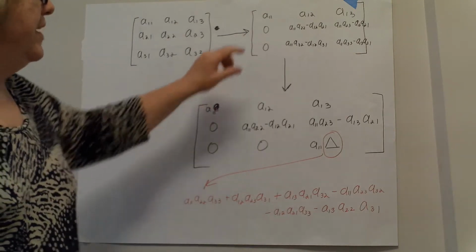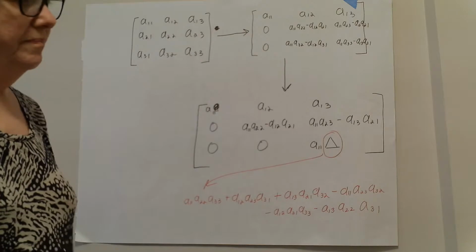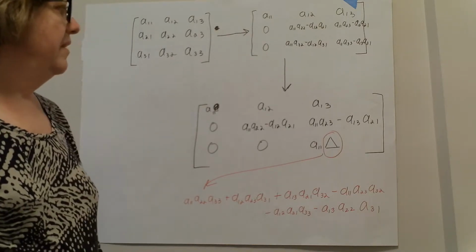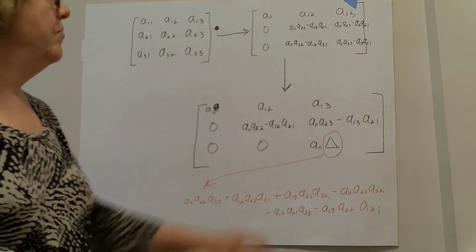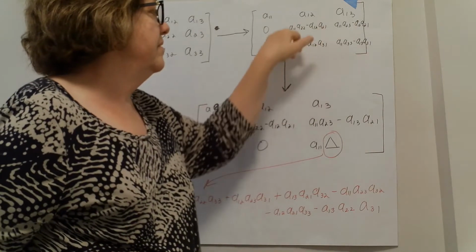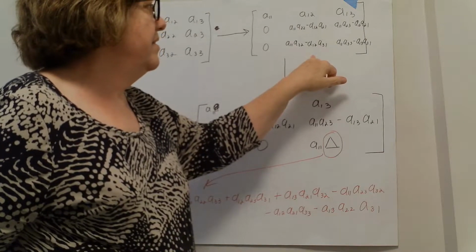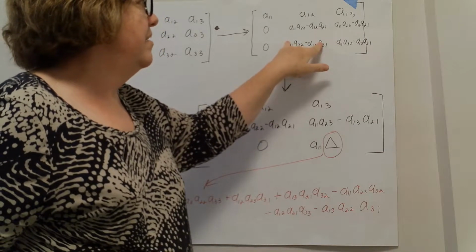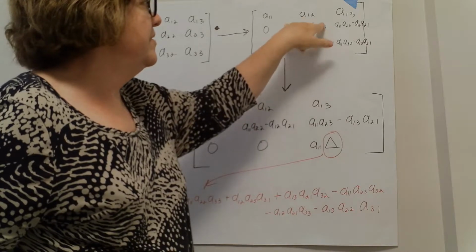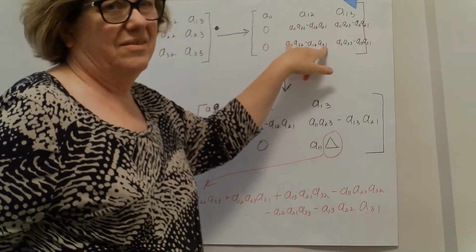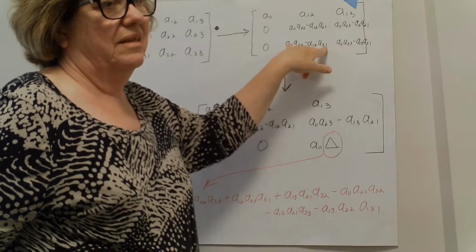So we get this. It's a little tedious. It's algebra. Okay, now we want to zero out this one. So we've got to take this times the negative of this times that, plus that times this. Wow.